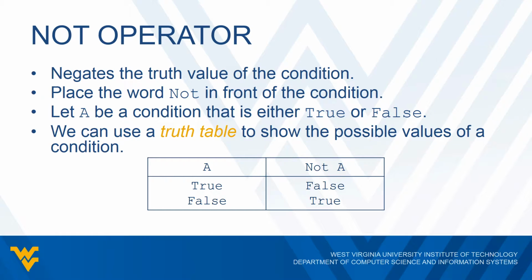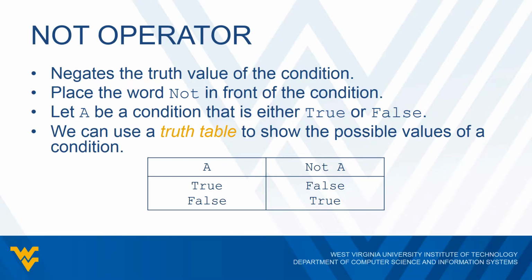It looks like something like this. The left column gives us the possible values of A. So A is going to be true or false. And then the right column is going to give us the values of not A. So what this is saying here is if A is true, then not A is false. And if A is false, not A is true.